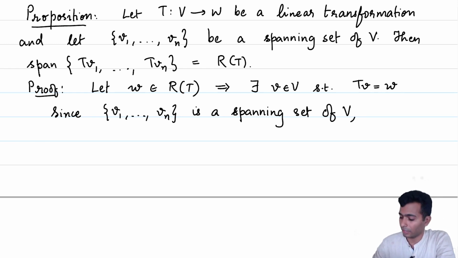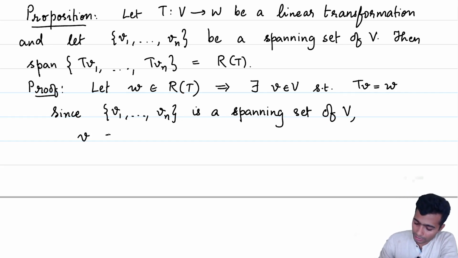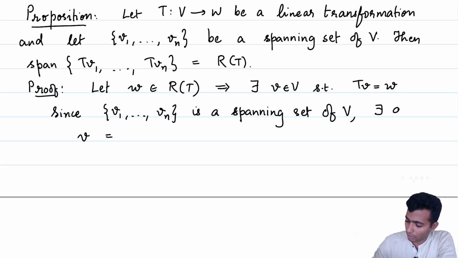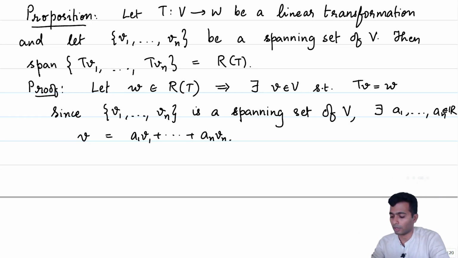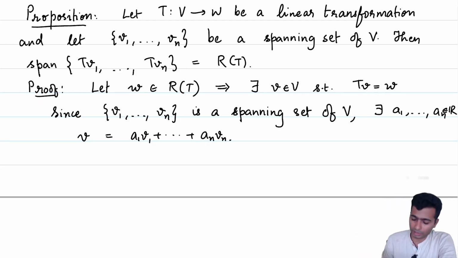In particular, there exist real coefficients a1, a2 up to an such that V is a1 V1 plus a2 V2 plus up to an Vn. So our vector V is a linear combination of V1 to Vn, not necessarily a unique linear combination because we don't know anything about the linear independence of V1, V2 up to Vn to begin with, but we certainly have at least one linear combination in this manner.